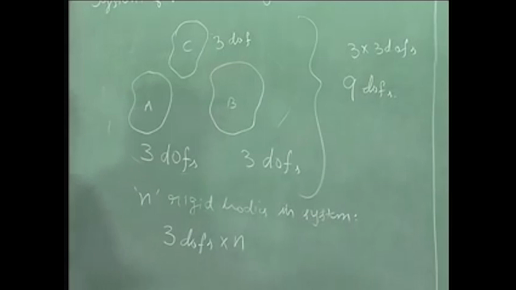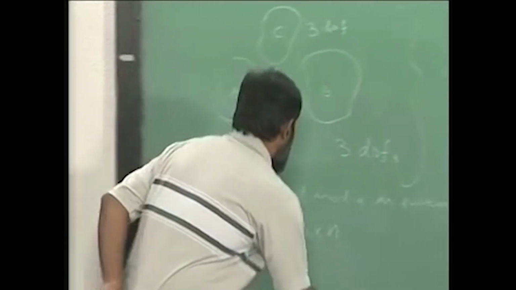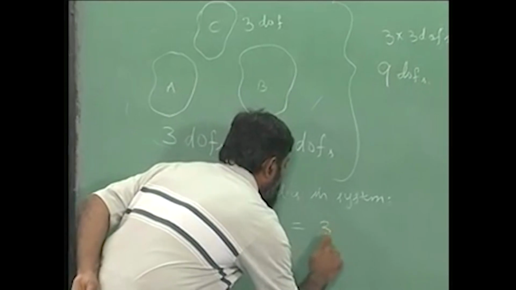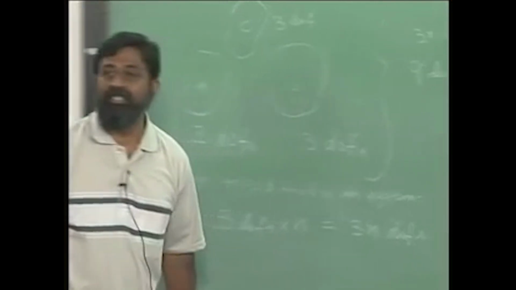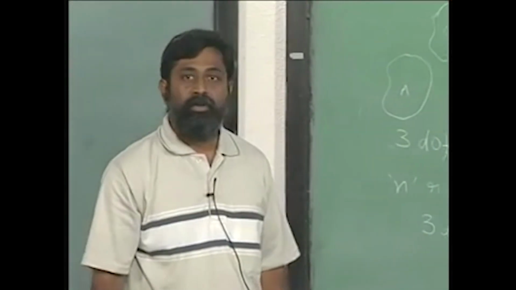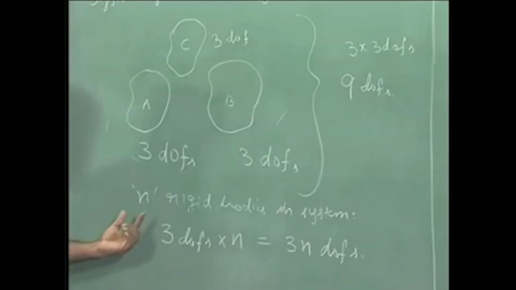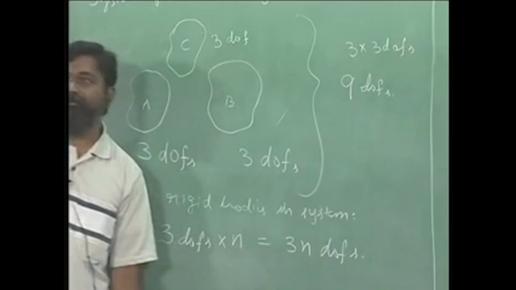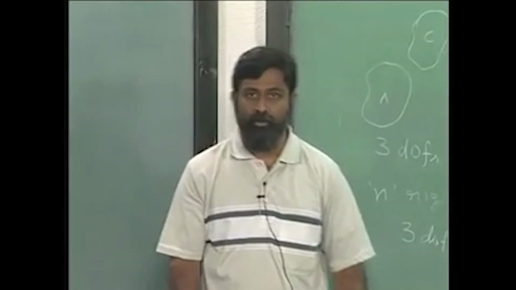This is a very important statement. They have to be independent of each other, which means that I will have 3n degrees of freedom that this system of rigid bodies has. So this system of rigid bodies which has n rigid bodies in the system has 3n degrees of freedom in it. Okay. So far it is clear, there is no problem.